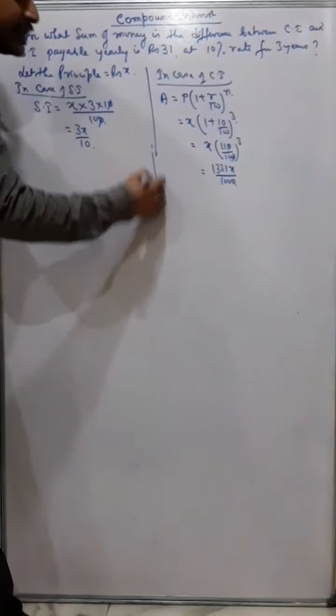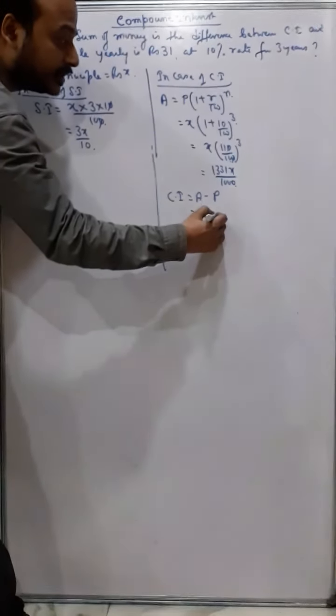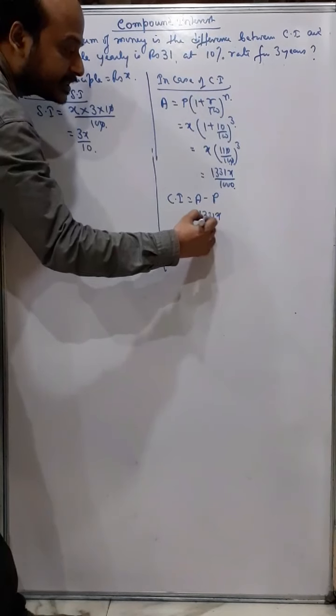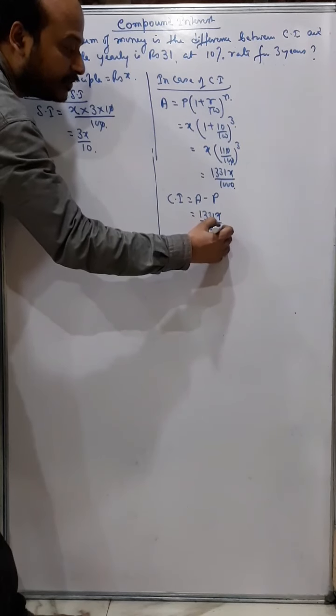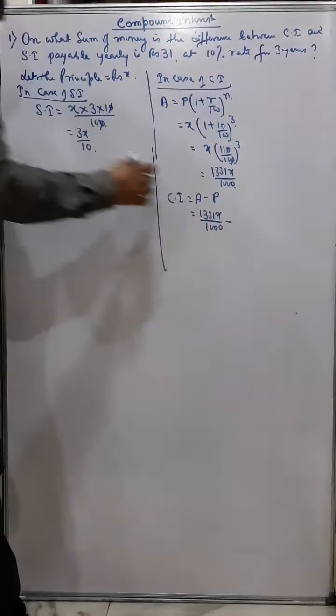But I require CI. So CI will be how much? Amount minus principal. Your amount is 1331X by 1000.